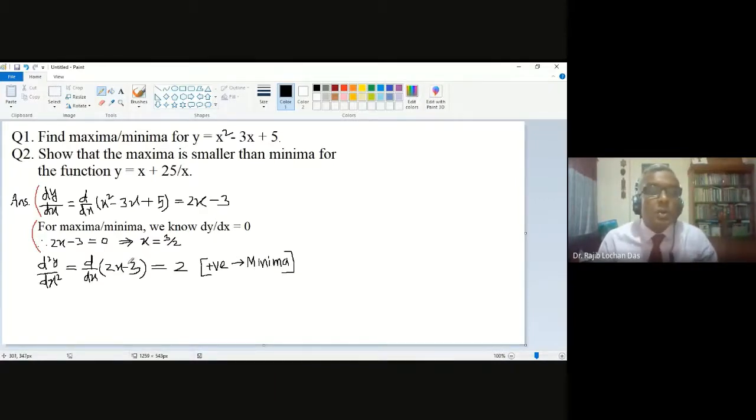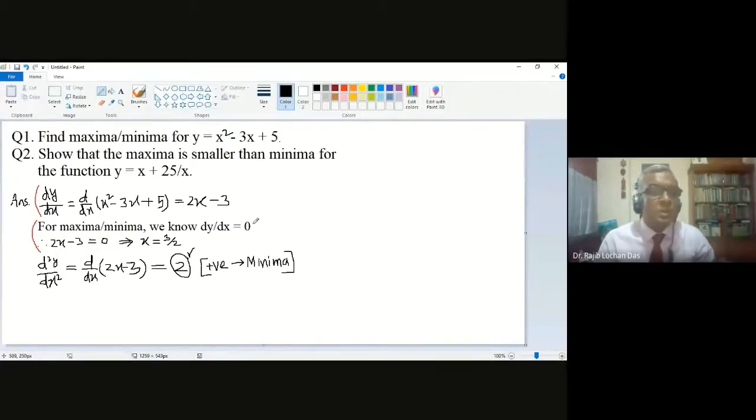So you are not putting the value of x here. It is always positive number. This one, 2, is always positive number, and there will be always a minima. So there is no chance of getting maxima here because you have no x in the second derivative, so you have only number, and this is positive number, so this is minima.